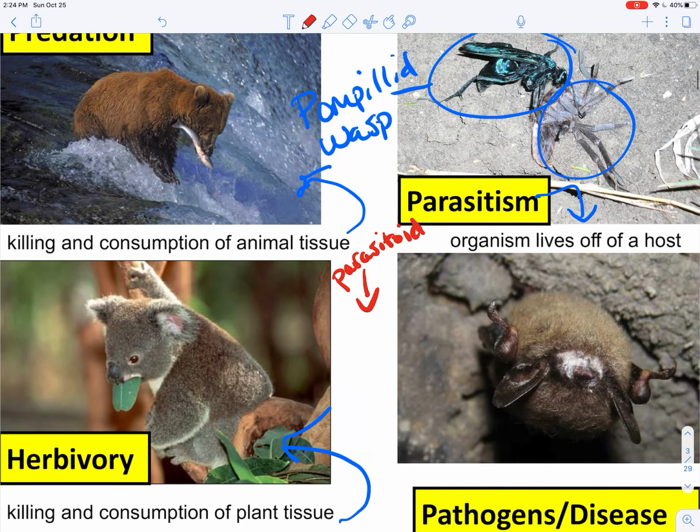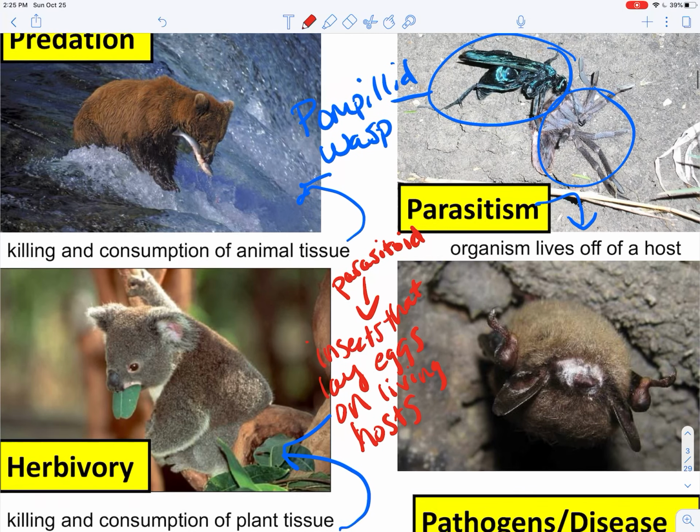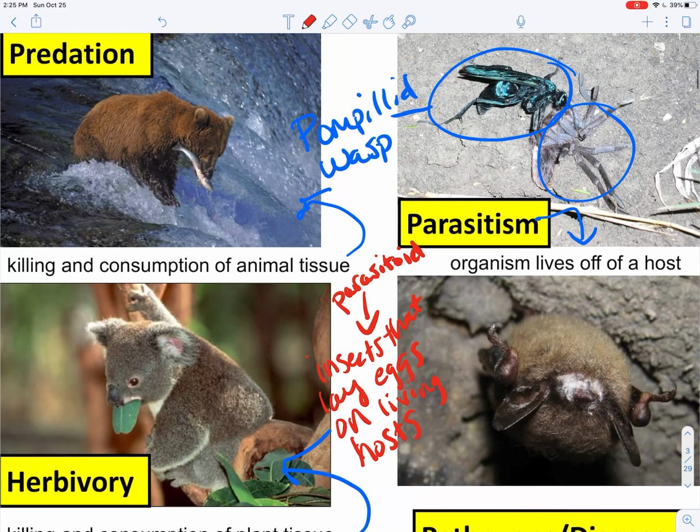And parasitoids are typically insects that lay eggs on living hosts. So in this example, the pompilid wasp is a parasitoid and interacting in what we call parasitism.